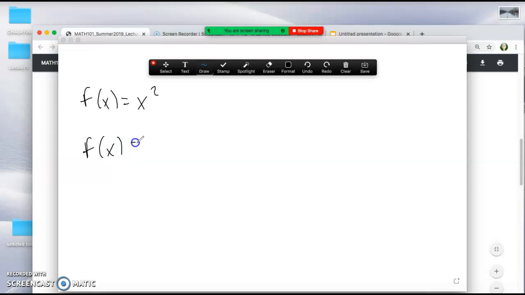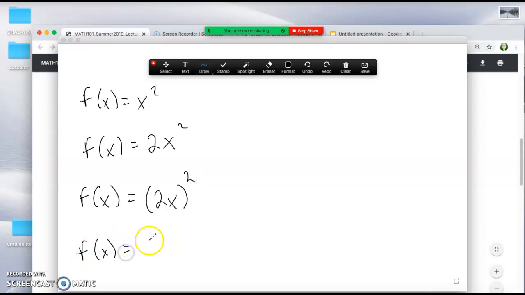Then we have f of x equals 2 times x squared. I'm going to give a few different ones so you can see some differences. Then we have 2x being squared. Then we have 1/2 x squared, and one with 1/2 x squared on the inside.